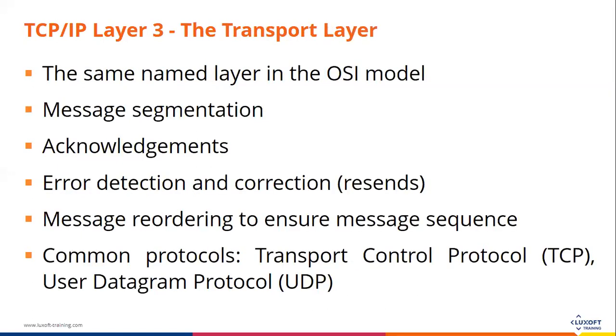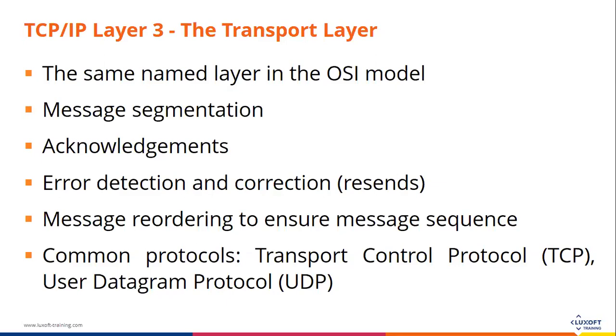The transport layer corresponds to a layer with the same name in the OSI model. Here, we are discussing message segmentation, acknowledgement, so you have to understand if some information that you have sent has correctly arrived at the destination. You may ask for resendings.